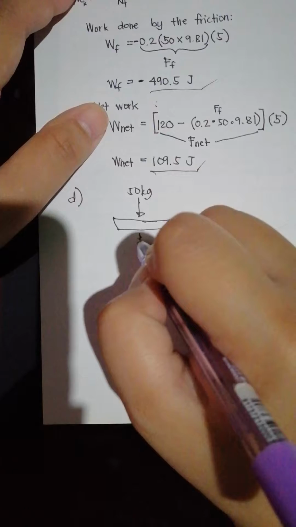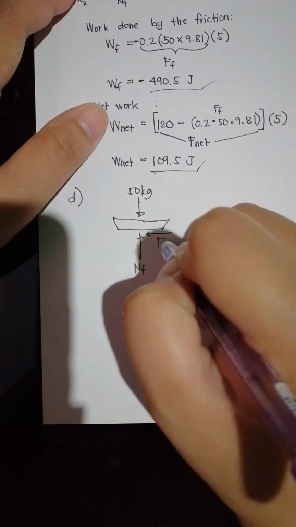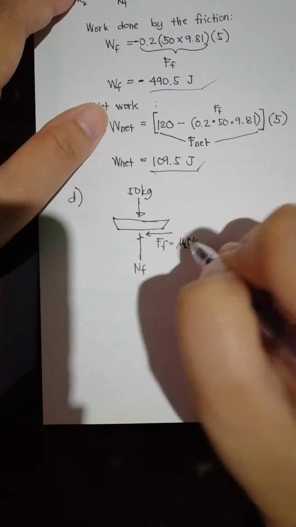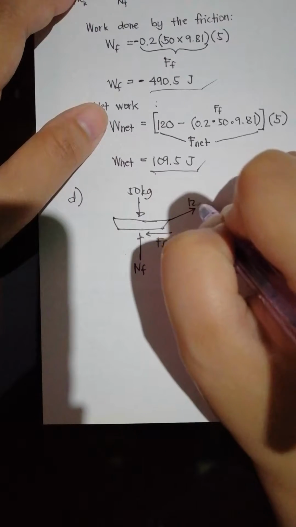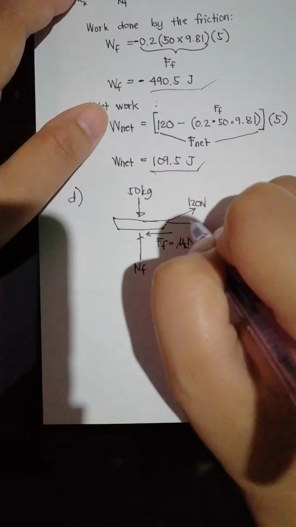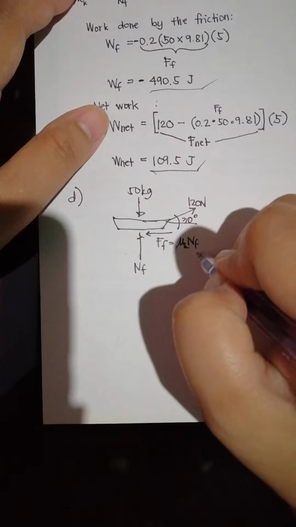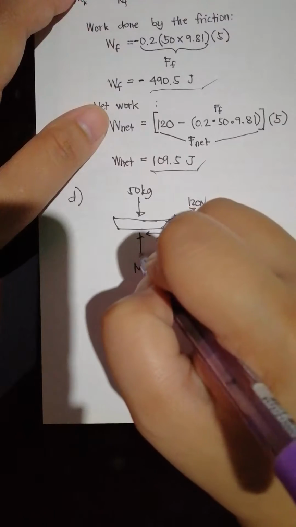We have the normal force and the friction force, and the rope is now 30 degrees from the horizontal, and our displacement is still 5 meters.